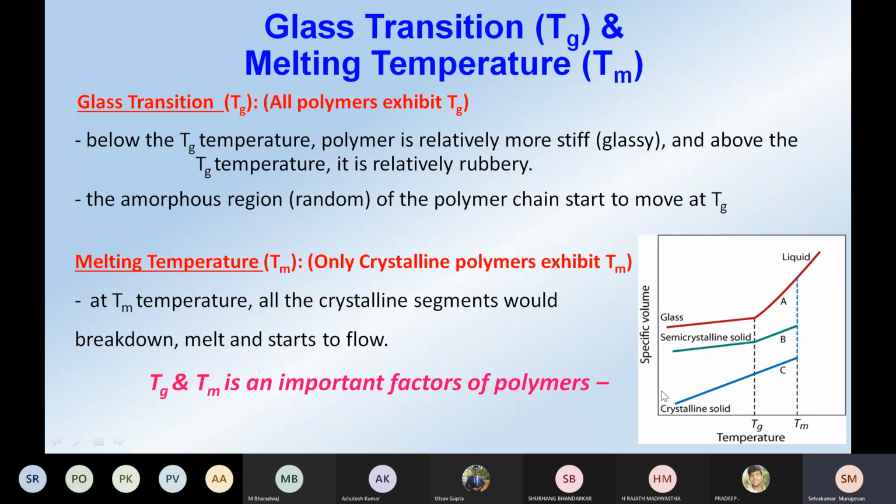So when the material is melted, how much the volume increases defines how much pressure you'll have to apply to give the permanent shape to your product, etc.